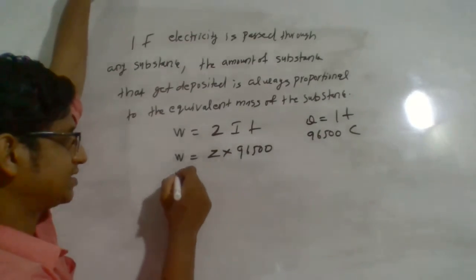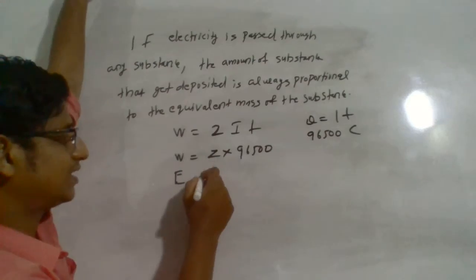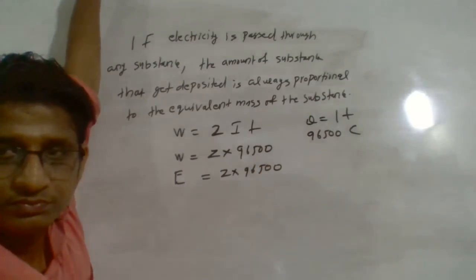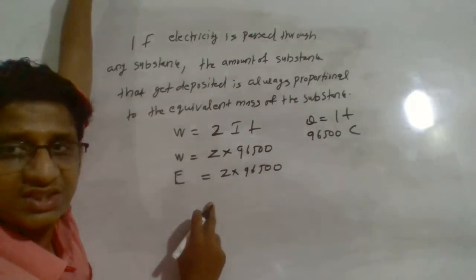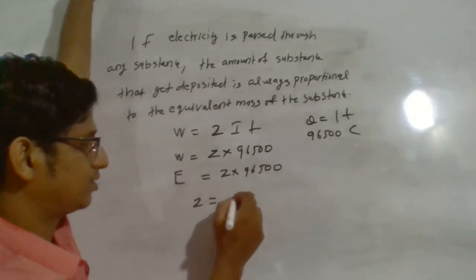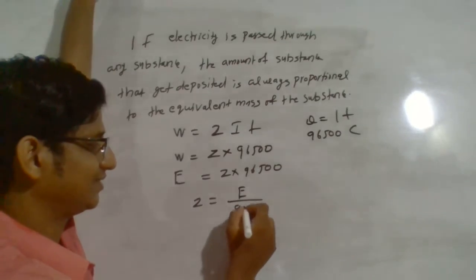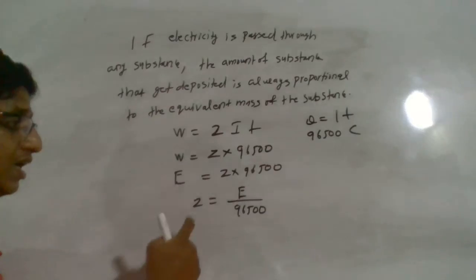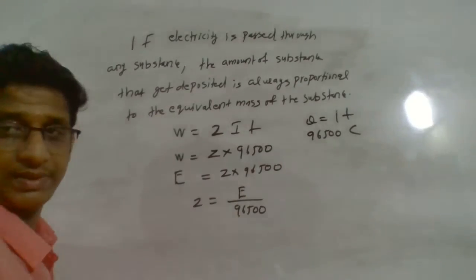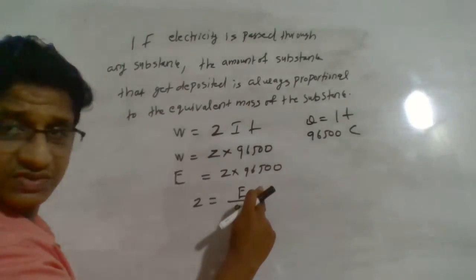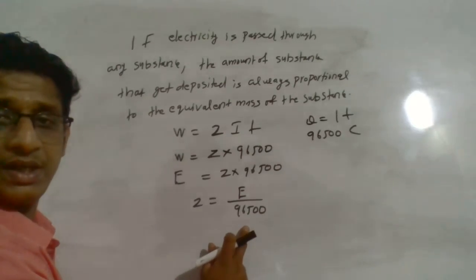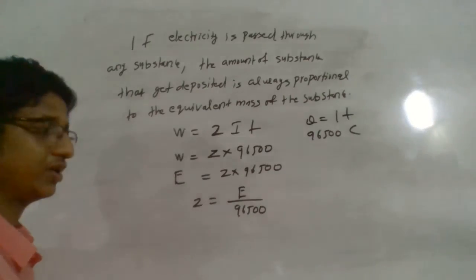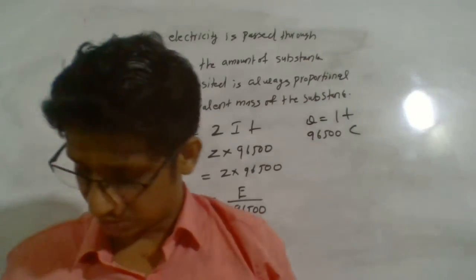So I can replace W by E. E is equal to Z into 96500. So how can you find a relation between these two? Z is equal to E by 96500. So that's the relation between the electrochemical equivalent and equivalent mass. If you know the equivalent mass of the substance, you divide by 1 farad electricity, that is 96500 coulomb, and you get the electrochemical equivalent.